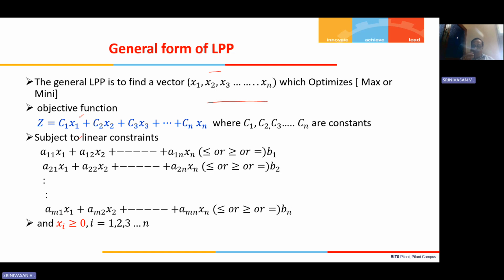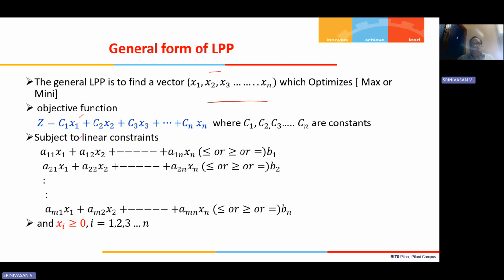That means there are n unknowns, which optimizes, maximum or minimum, the objective function Z equal to c1 x1 plus c2 x2 plus c3 x3 plus etc. plus cn xn. So you have a linear combination of the components of the vector which are to be found, which maximizes or minimizes, in general optimizes, the objective function Z.